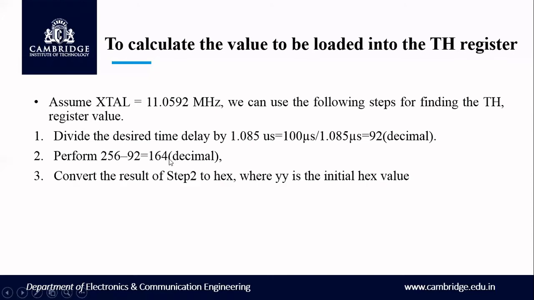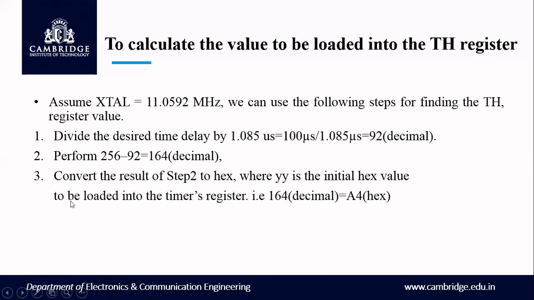We need to convert this into hexadecimal to load into TH, where YY is the initial value. Converting 164 into hexadecimal gives A4, which we call YY. That value is loaded into TH, so A4H should be loaded into TH. If you load A4 into TH, it will have 92 counts, and 92 times 1.085 microseconds generates 100 microseconds.